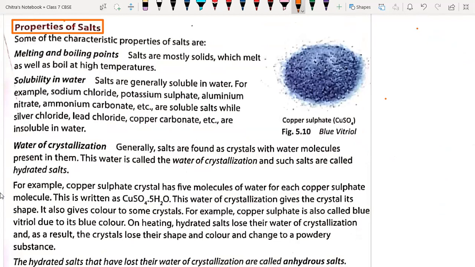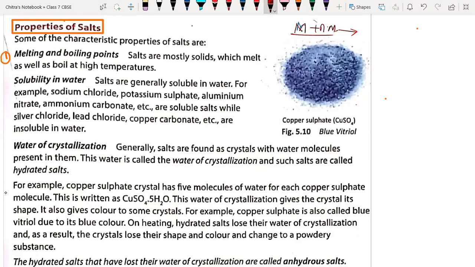So the first property: generally, salts are formed by the reaction between a metal and a non-metal. Just to remember, very important. Generally, salts are formed when metals react with non-metals.